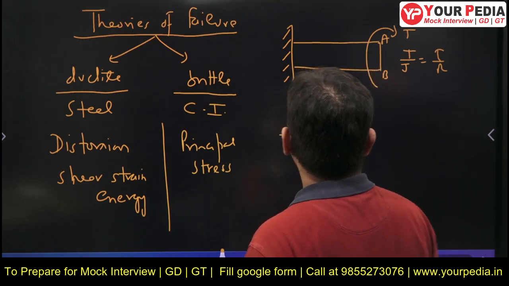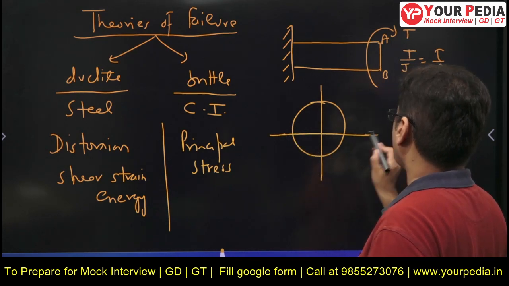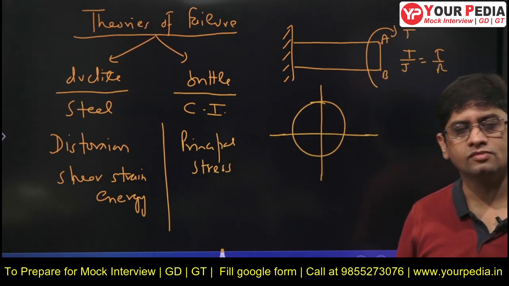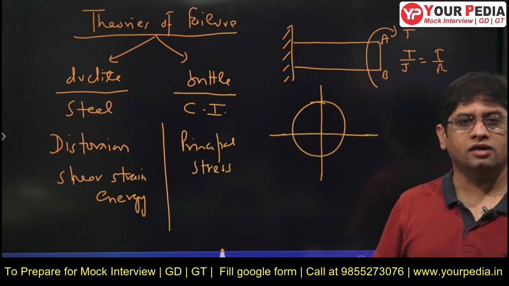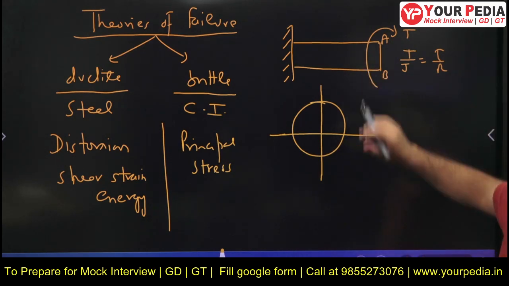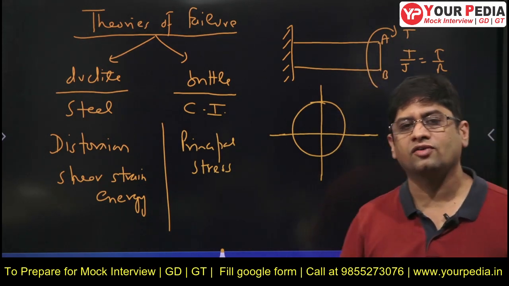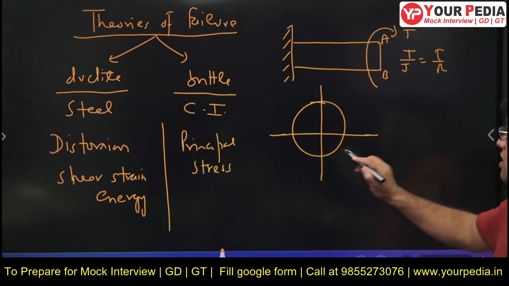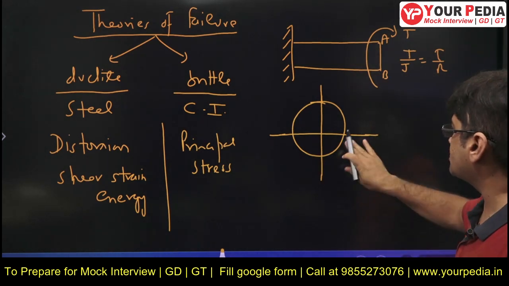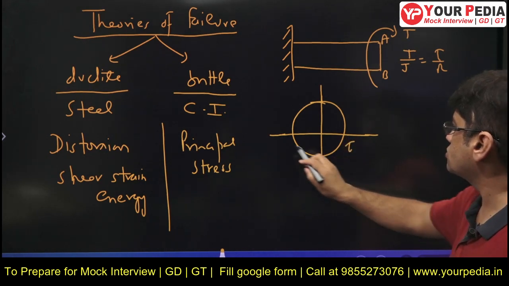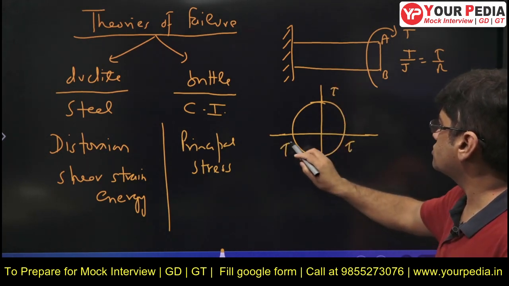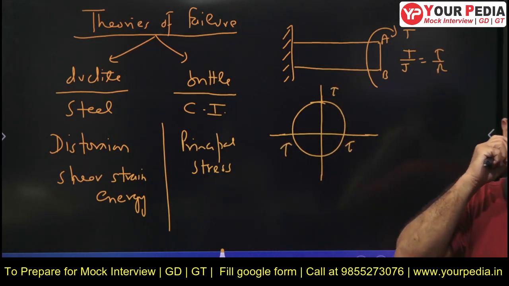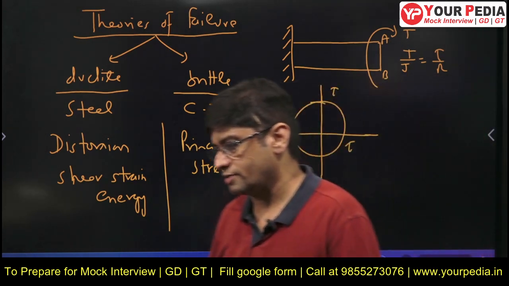This is the Mohr circle drawn for this kind of loading, because shear stress is induced. This is shear stress, let us say tau, this is also tau. There is no normal stress, only shear stress, because torque is applied on the body.